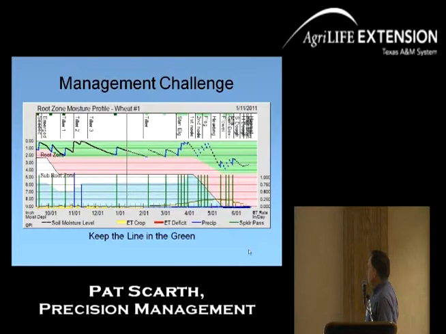And then these are sprinkler passes that the AquaPlanner is projecting out here in the future that we need to make in order to achieve the objective of having the soil profile pretty full at the first node, and again full at heading, and then keeping it in good shape throughout the grain filling stage into maturity.